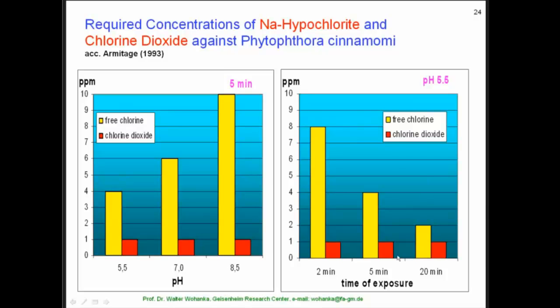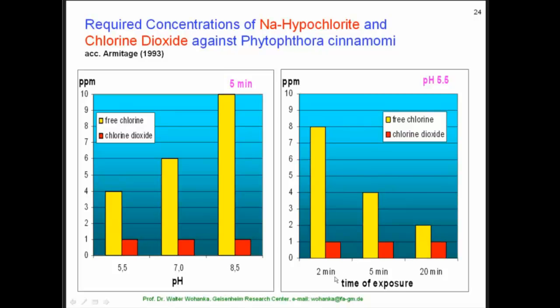Now this graph on the right side: you see here the time of exposure and again the concentration necessary to kill Phytophthora, and you see on the yellow columns that with increasing exposure time, the necessary concentration will decrease.